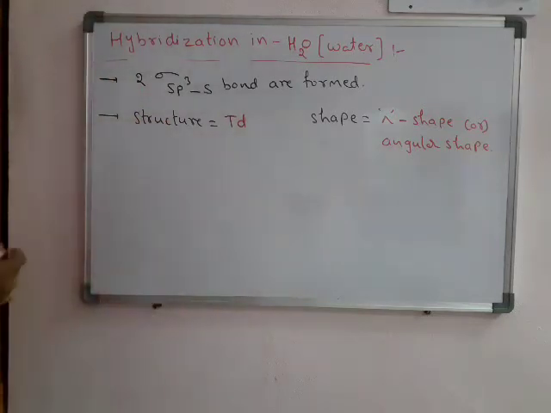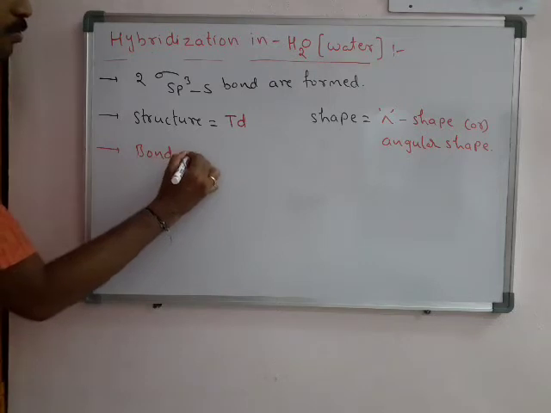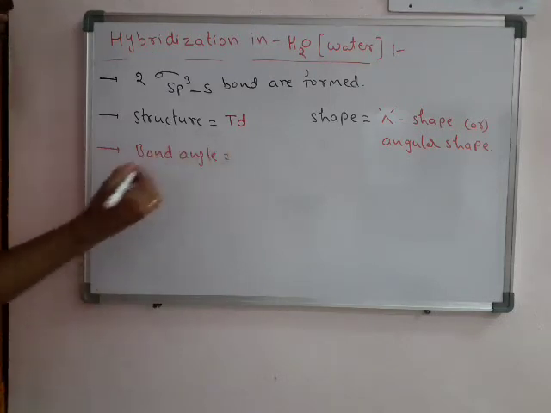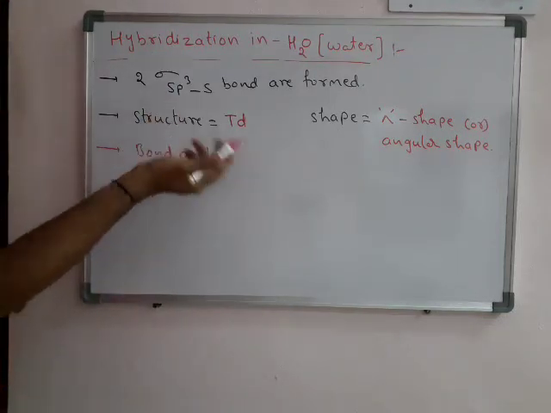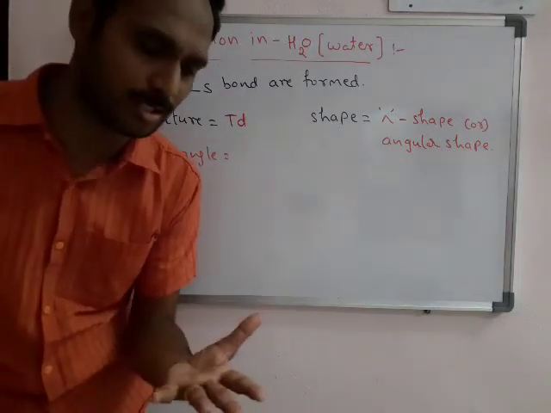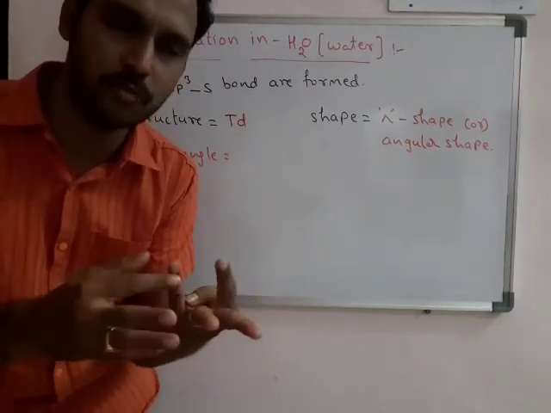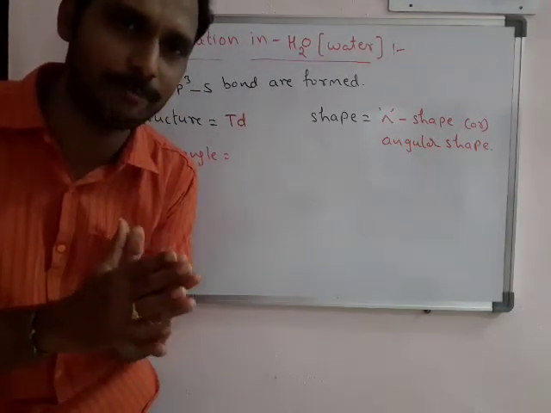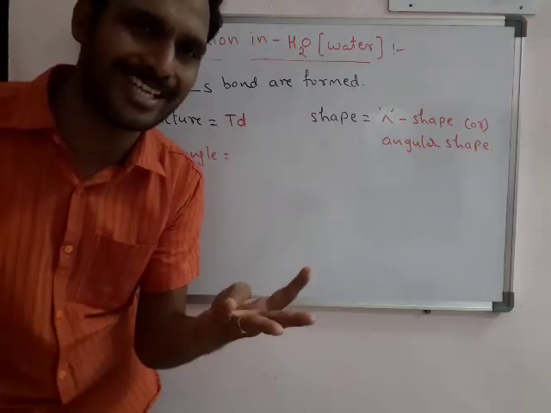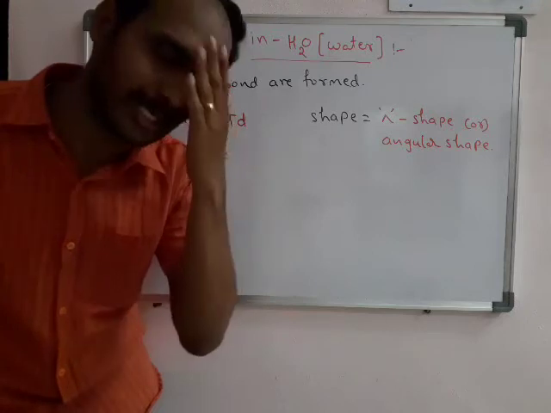Next, what is the bond angle? What is the expected bond angle? For sp3 hybridization we expect 109 degrees 28 minutes. Already we know that four sp3 hybrid orbitals are arranged in a tetrahedral shape. So if four bonds form exactly, the bond angle should be 109 degrees 28 minutes.